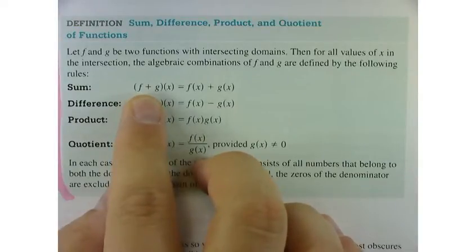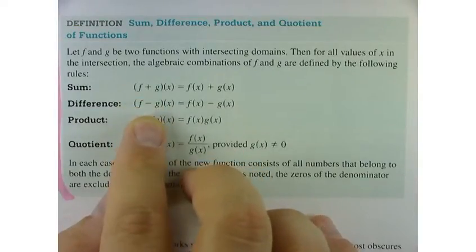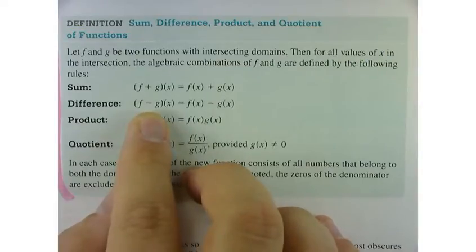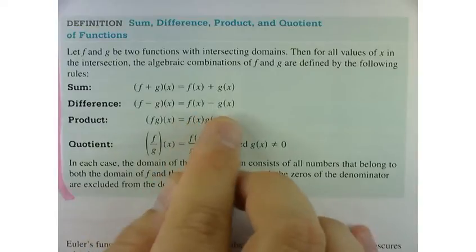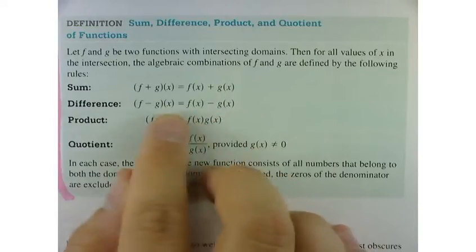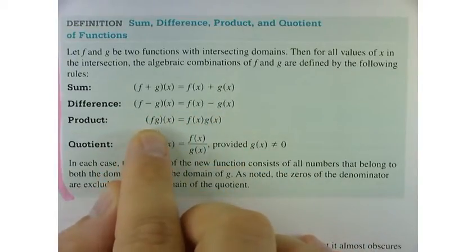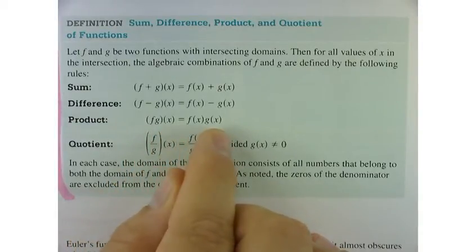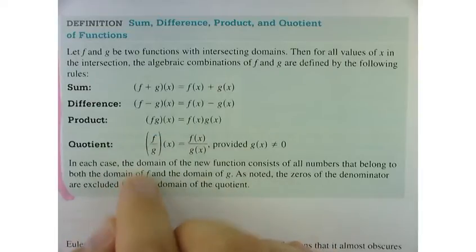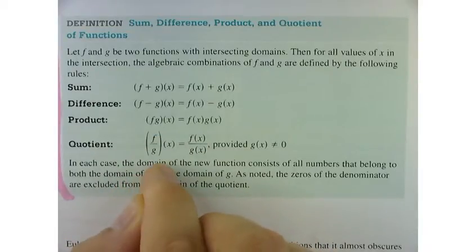We'll do some examples. Same with the difference: f minus g of x is the same as f of x minus g of x. Same with the product: fg of x is the same as f of x times g of x. And the quotient rule is f divided by g of x is the same as f of x divided by g of x.